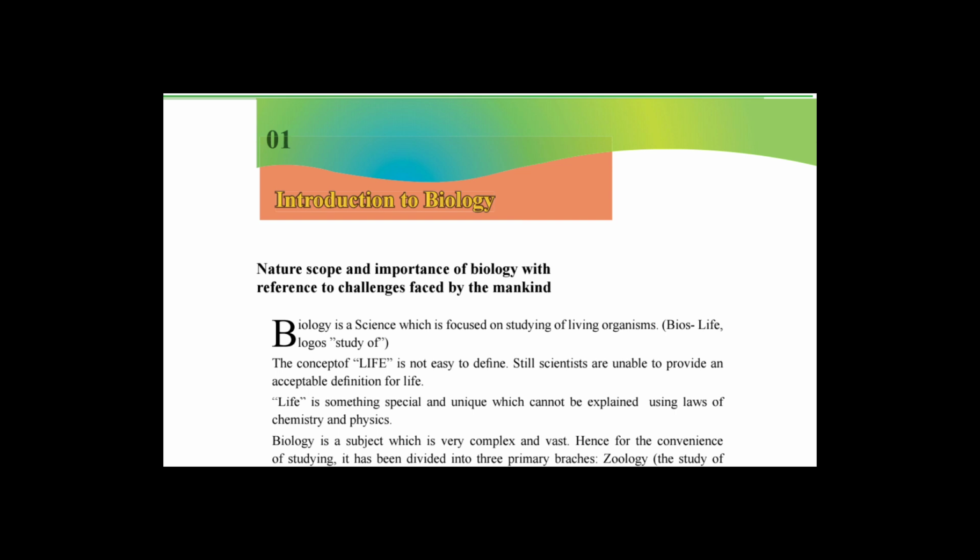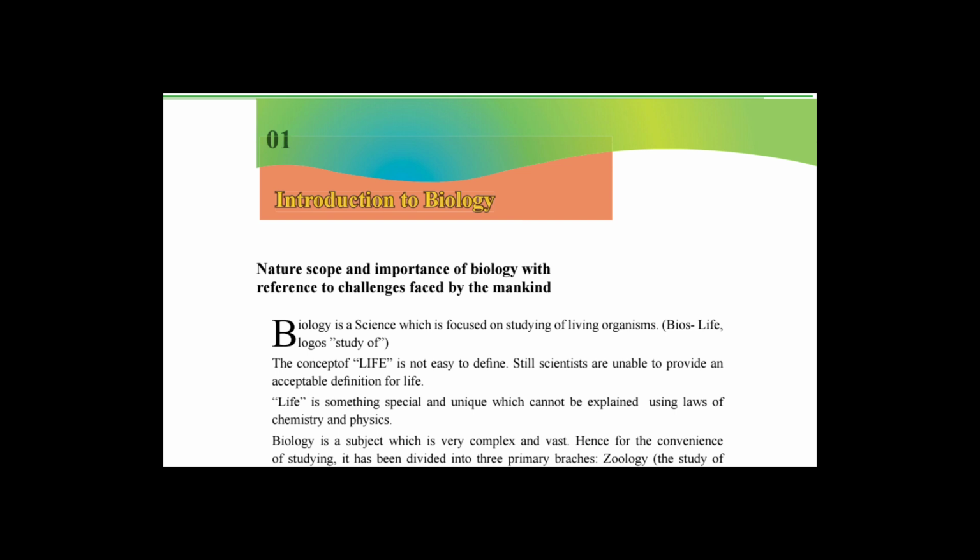Before we start studying this lesson, let's see what is there in it. It includes mainly 5 points. First, they introduce the lesson: what biology is, how many branches there are, how the name biology came, and how living things are classified.